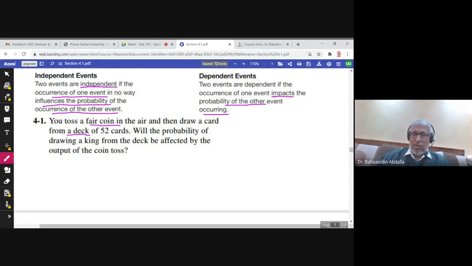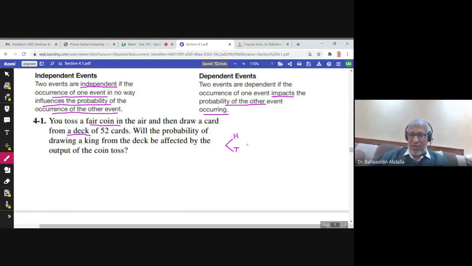If we are asked to find the sample space of this experiment, you can draw a tree diagram. When you toss a coin, you will get either head or tail.